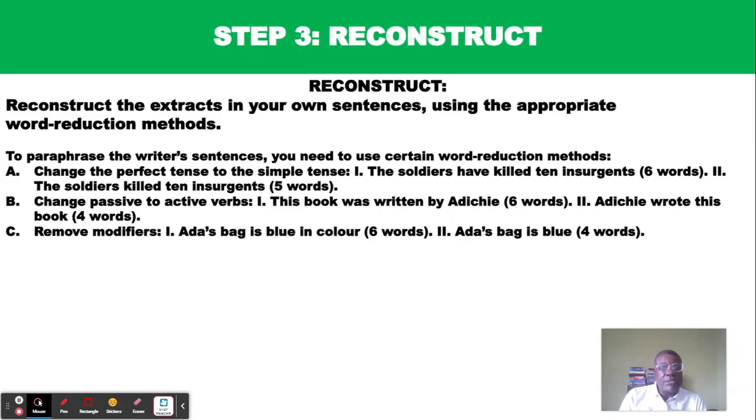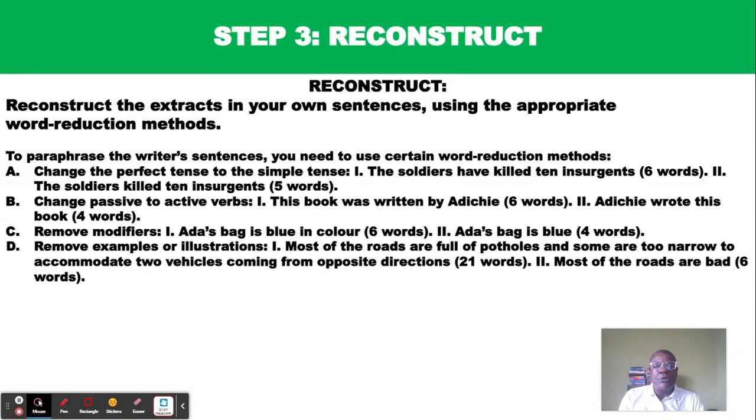See, there's a repetition here because in color is a modifier. It's a prepositional phrase and is a modifier that is even tautological, if you like. It's a kind of repetition. So once you remove the unnecessary modifiers, what you have is Ada's bag is blue, and that conveys the same idea.